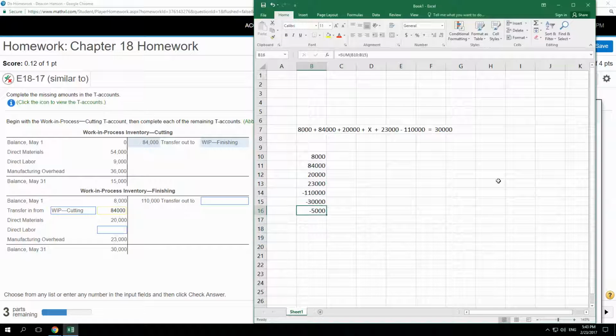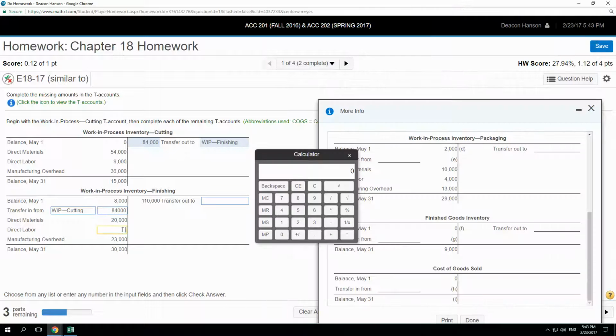So you end up with x minus 5,000. That's what it would look like. And then if you move the 5,000 over, x equals 5,000. You do it the long way like that. Then we'll test it, right?